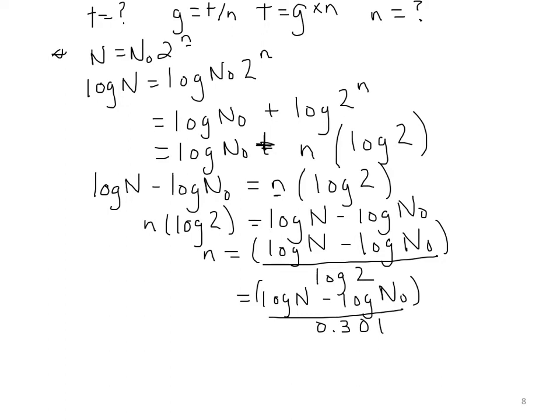And you'll see this equation written out in your textbook as well if you're not following as I'm going along. Now we're in business because we know what N is and we know what N naught is.